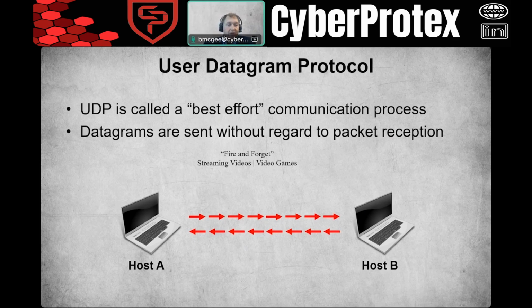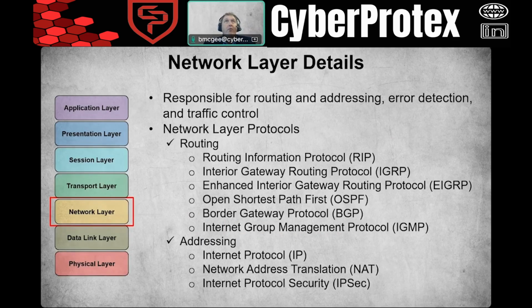Whereas at the network layer, somebody asked a question about the network layer. This is where routers typically sit, at the network layer. And so usually all the routing protocols will rear their ugly head. In addition to that, the addressing components will also come into play.